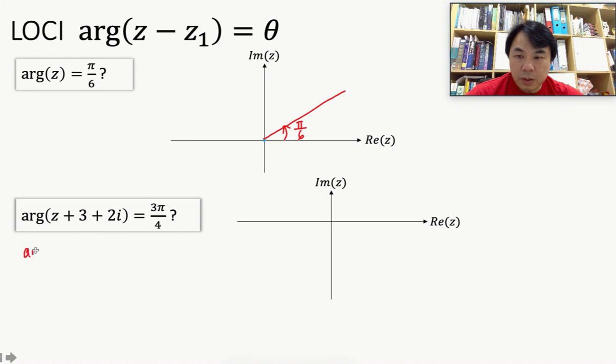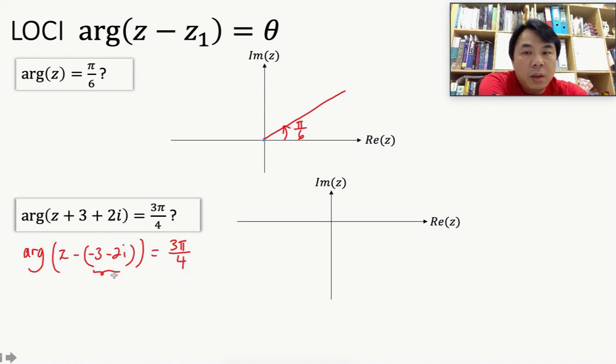So we're going to write this one down as argument z minus 3 minus 2i instead is equal to 3 pi over 4 here. Okay, and then these will be the points of reference where we're going to make that angle. So we're going to look for this. That is 3 units to the right and then 2 units down. So somewhere here, this will be the point, the fixed point z1 here.